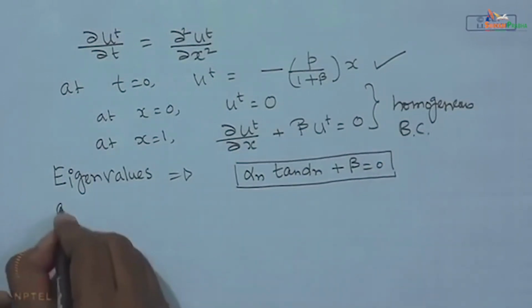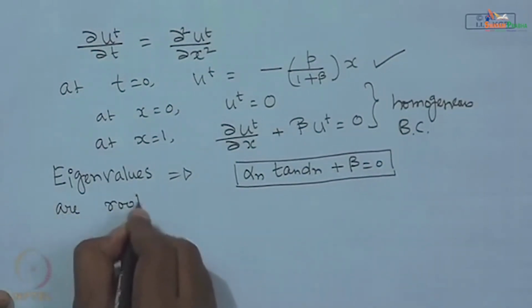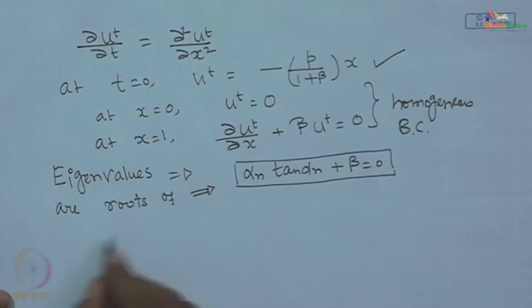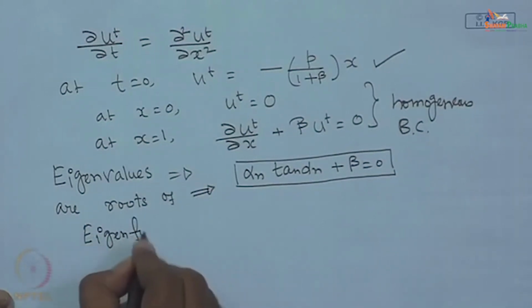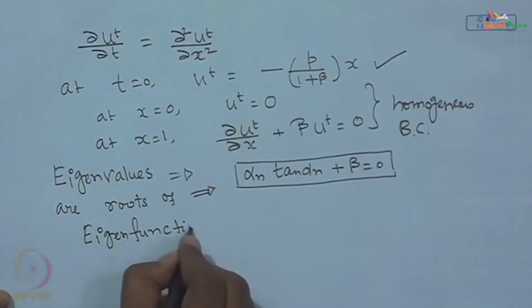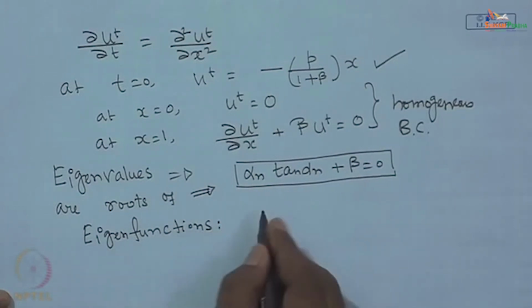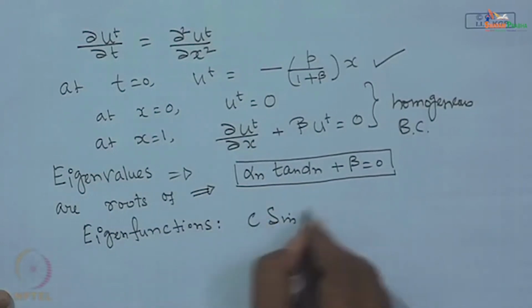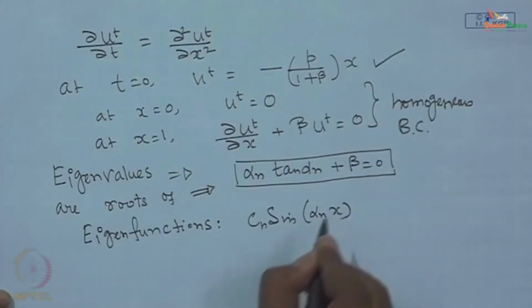So, eigenvalues are roots of this equation, and eigenfunctions are sine functions, some constant multiplied by sin alpha n x.